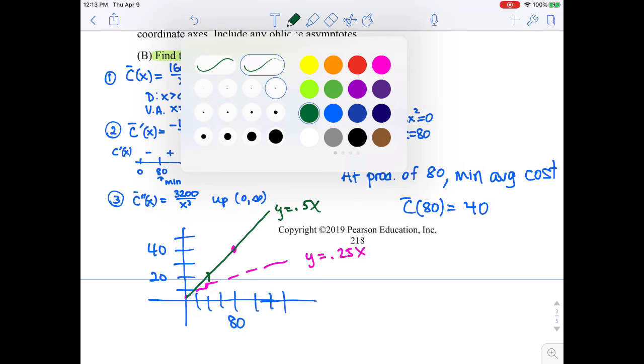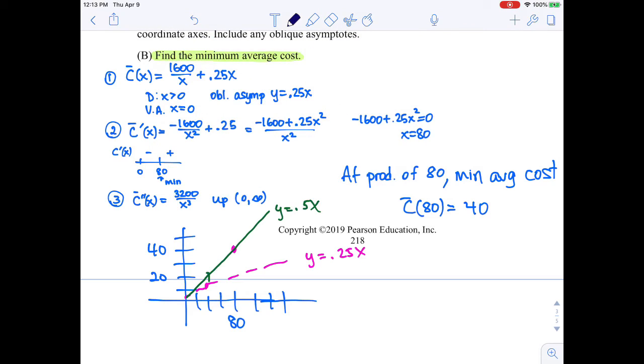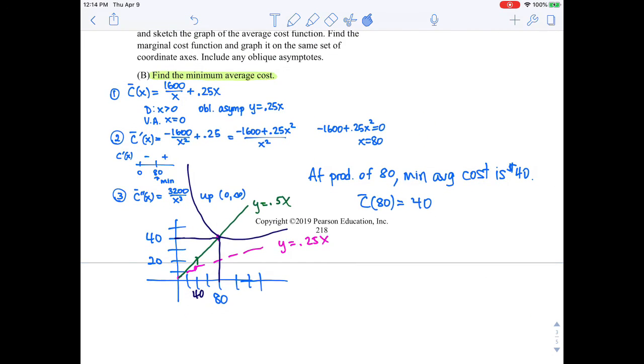And then the actual graph looks something like that. Oh, sorry, I put it at the wrong spot. Let's try that up here. My bad. Okay.